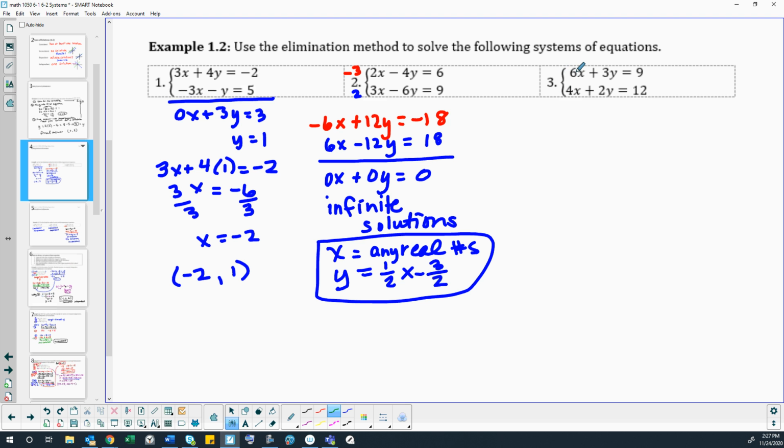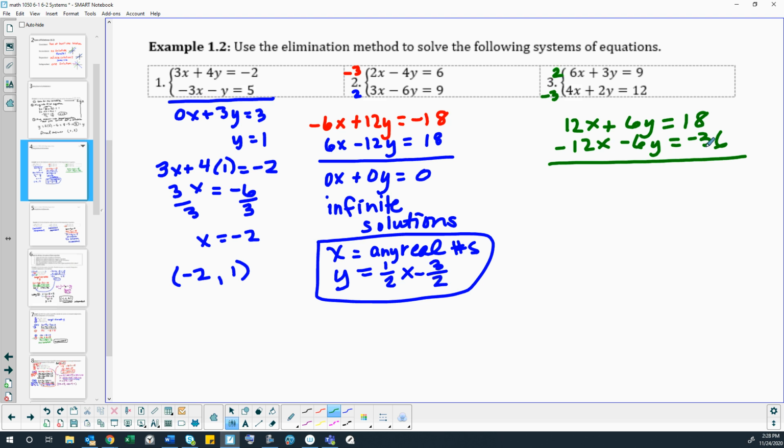So I would need a 12 and a negative 12. So if we multiply this one by 2 and multiply this one by negative 3, let's see what happens. So that will give us 12x plus 6y equals 18, and negative 12x minus 6y equals negative 36. Add those together. Oh, I got some canceling out again.